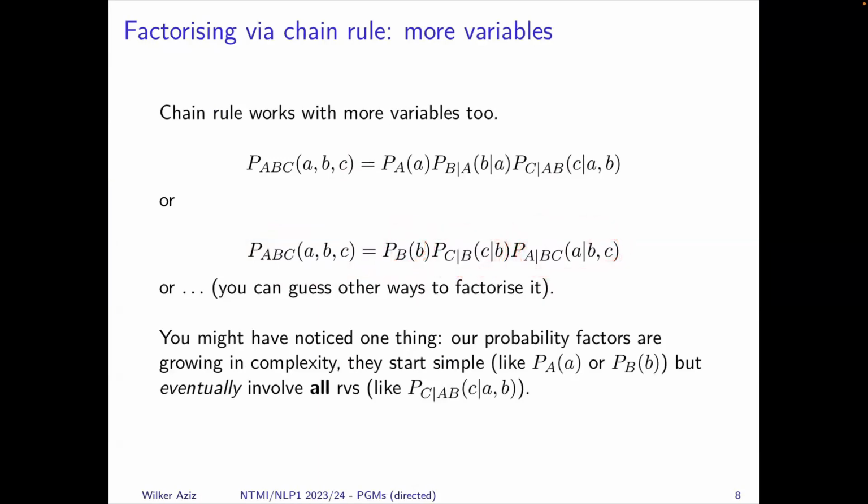So when you apply the chain rule and make no simplifications, you are not necessarily making your life easier, because at one point there will be a factor that ties together all of your variables, and the joint sample space of all those random variables is going to be exponentially large or infinite or whatever.